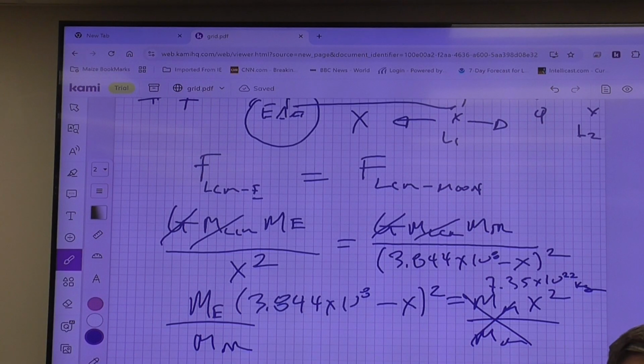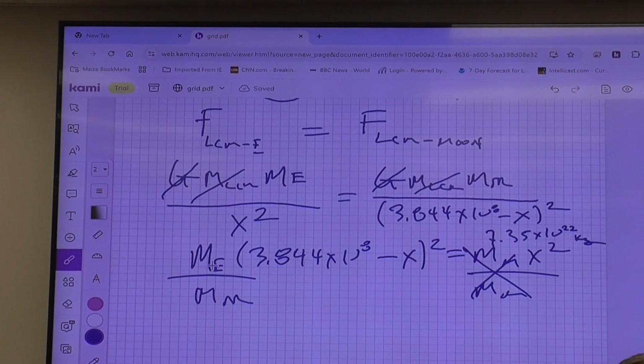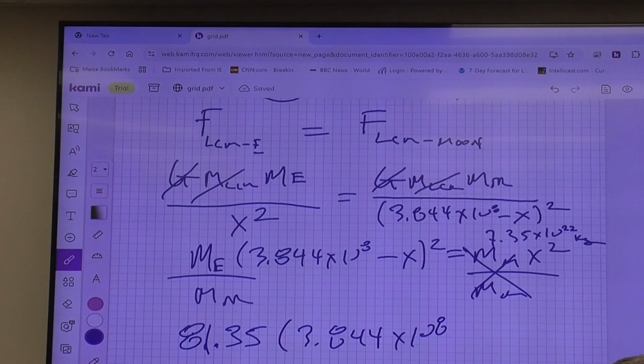And in case you haven't figured out, don't type in times 10. Use that EE key. That's going to save you a lot of hassle, because if you type in the times 10, that really messes up your order of operations. So what do you get when you take the mass of the Earth divided by the mass of the moon? 81.35. 81.35 times 3.844 minus x squared equals x squared.